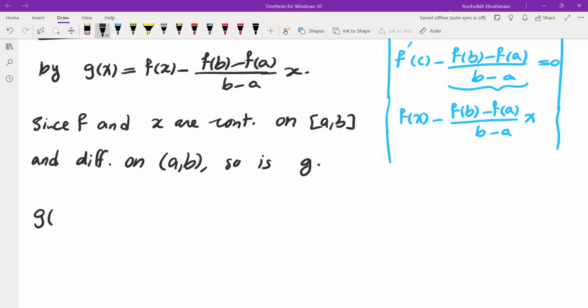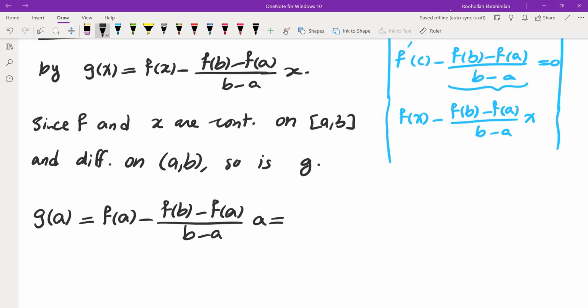Now let's evaluate g of a. If I show that g has the same value at the endpoints, then I can apply Rolle's theorem. g of a is f of a minus f of b minus f of a over b minus a times a. So let's take the common denominator here.